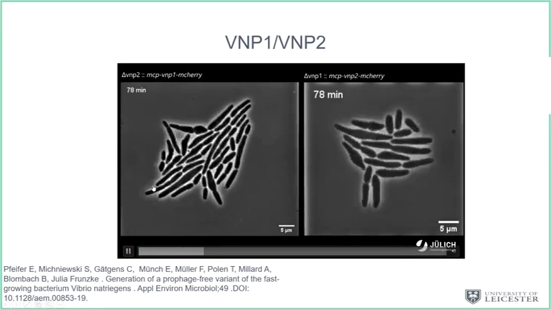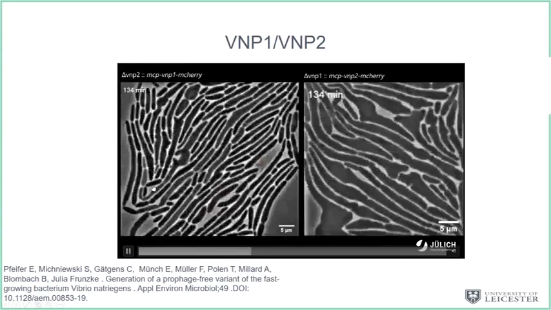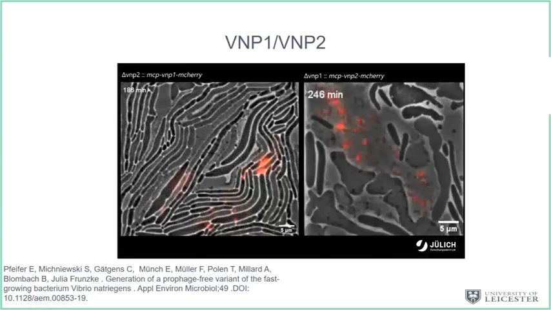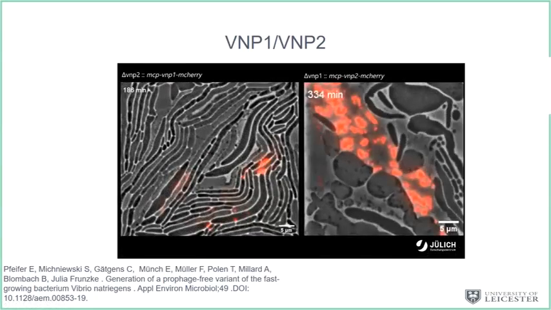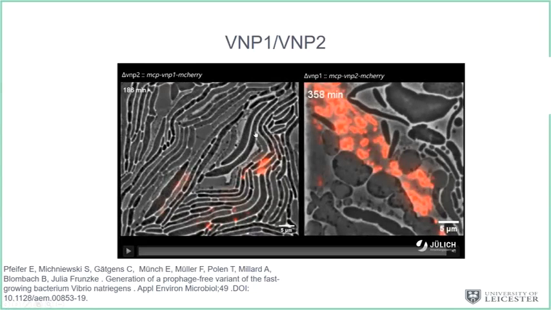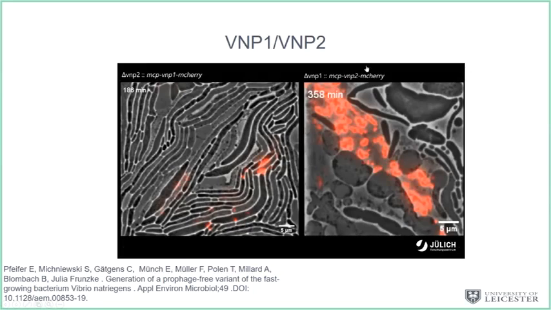This video just shows their vibrios going, and then you start to see the red producing as they can see the phage starting to pop out because they stuck this cherry red label on. This was a really cool video of theirs that was involved in their paper, but they came to us because they wanted to know whether or not VNP1 and VNP2 were found in other vibrios other than the single strain of Vibrio natriegens that they looked at.